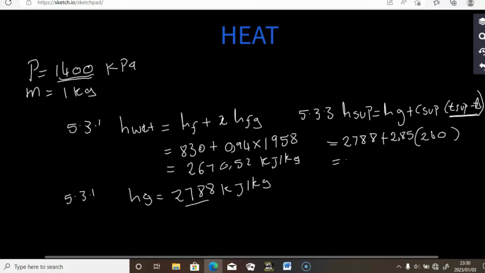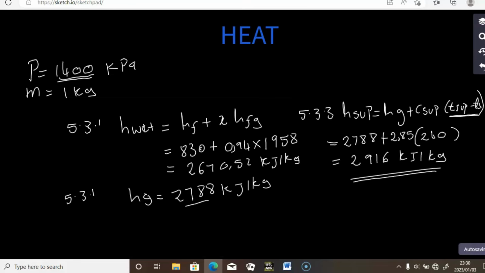And according to my calculator, this will give us 2916 kilojoules per kg. And that is how we go about answering this question.